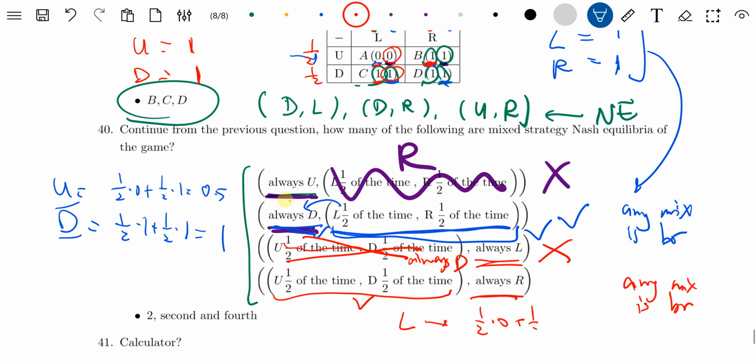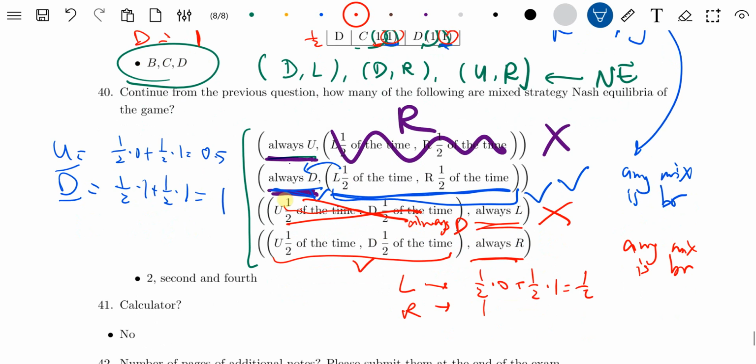So half 0 plus half 1 is a half. And if I pick R, half of the time I'll get 1, half of the time I'll get 1. So this is 1. So I'll always pick R. And yes, indeed, I am always picking R. So they are mutual best responses. That's why this is also a mixed strategy Nash. That's why the answer is 2.